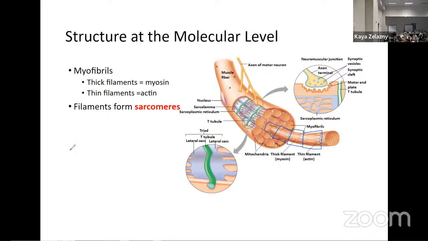And I put up an activity yesterday afternoon that you have until end of day Friday at 5 p.m. to do, which is going to have you pinpoint some of the features of the sarcomere and identify them. We're going to run through them today, but that's where you can practice that and think about that a little more deeply and more slowly.